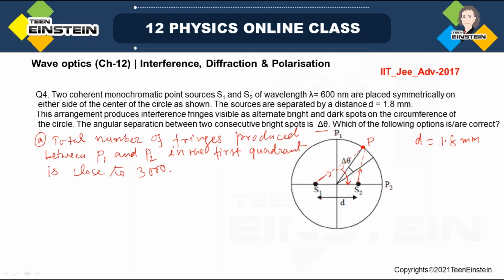So now theta is the angle between P1, O, P, this is O, the center. In between them the angle is theta, okay. And this is delta theta, the angular separation between these two points. If I say this is Q, okay, so actually POQ, that is angle delta theta. And now what we have considered is the angle P1 O, that angle is theta, okay.